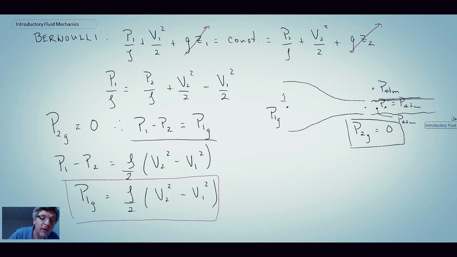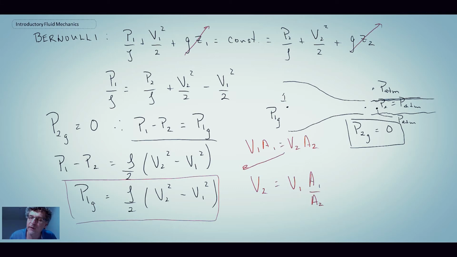So we know from continuity, V1A1 equals V2A2. The way that we're going to do this, we're going to say V2 is V1 times A1 over A2, and we'll make that substitution, so we're going to express this in terms of V1.